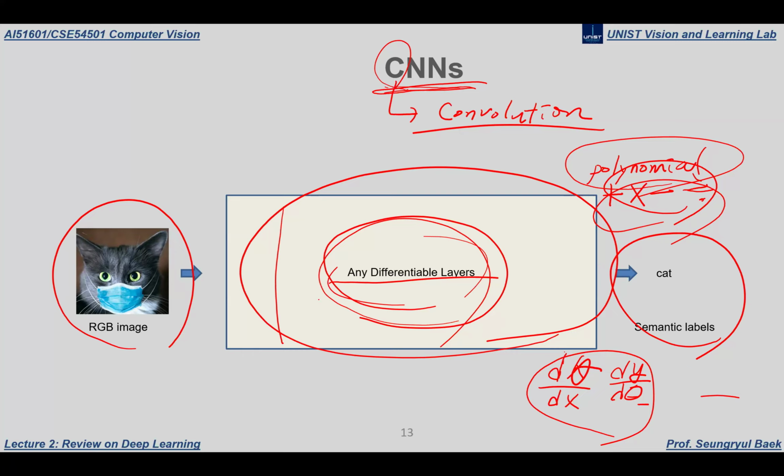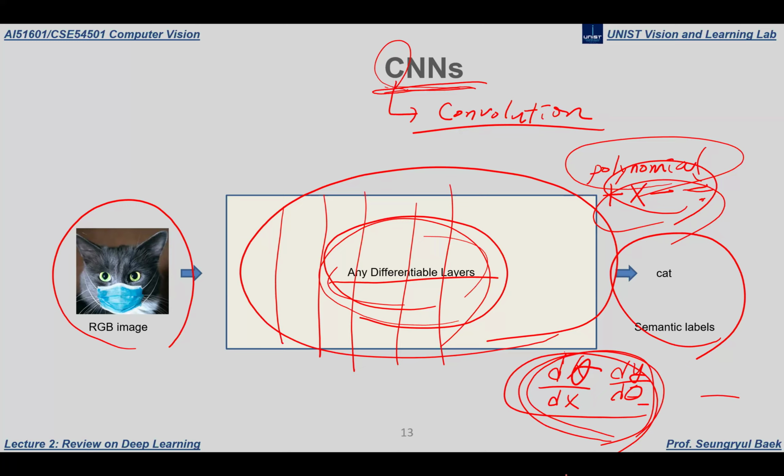So in the middle, every layer mostly has multiplication and addition to get the output. Because of that, we can get these two gradients easily for the CNN architectures.